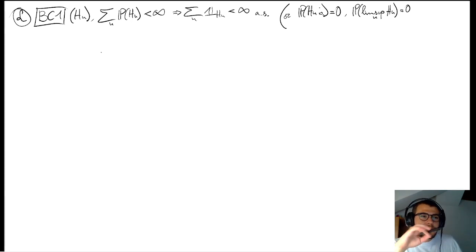This result, well, the Borel-Cantelli lemmas are used usually to prove almost sure convergence.